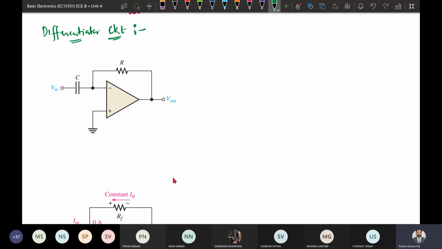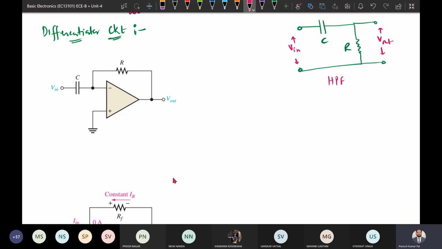That means we can implement it in a simpler way: a capacitor with a resistance, and we provide some input. Suppose the input is provided here, and we take the output across the resistance. This circuit is nothing but a high pass filter. It is a basic high pass filter circuit.